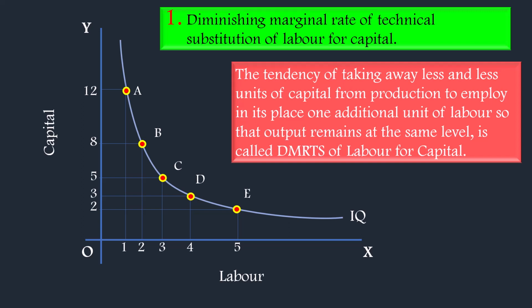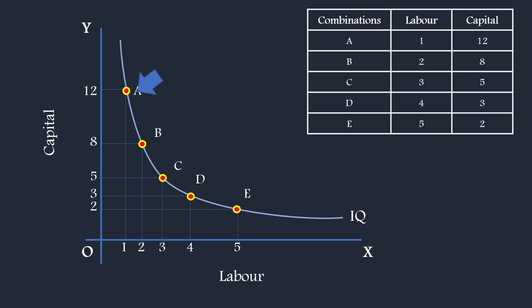Already we have seen as the producer descends along the curve, he substitutes labor in the place of capital. In the graph, we have shown 5 combinations A, B, C, D, E. When he goes from combination A to B, he gives up 4 units of capital to substitute 1 unit of labor.